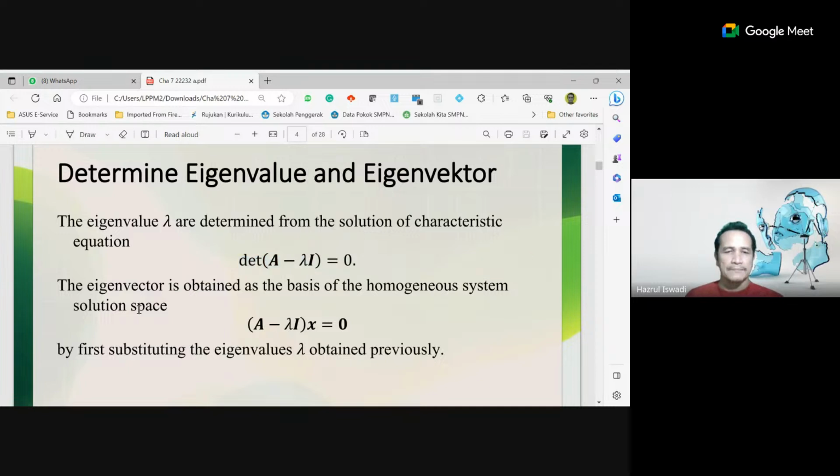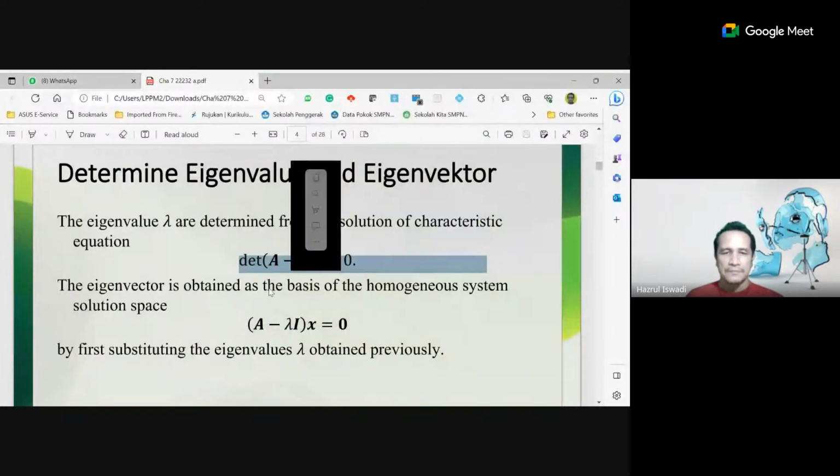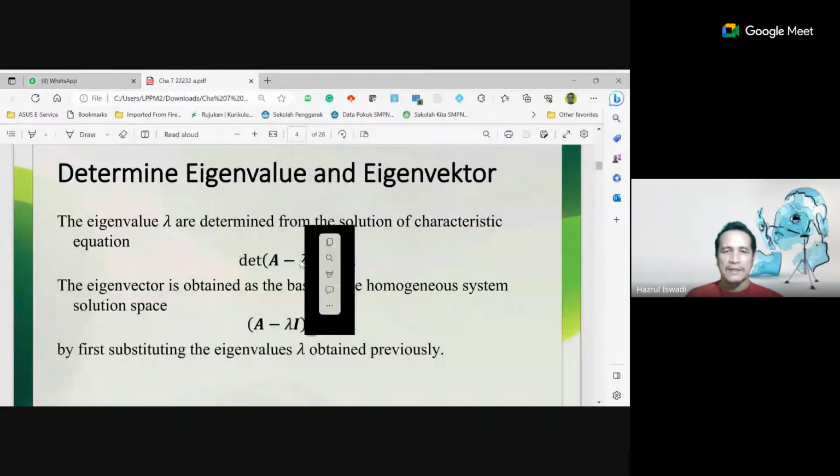And for the eigenvector, we can use this formula. This is the formula to find the eigenvectors, and the other formula finds the value of lambda. This is the vector, and lambda is the value. And what is this?